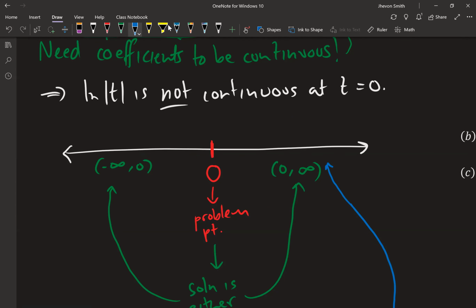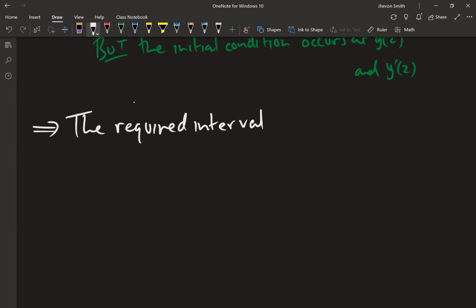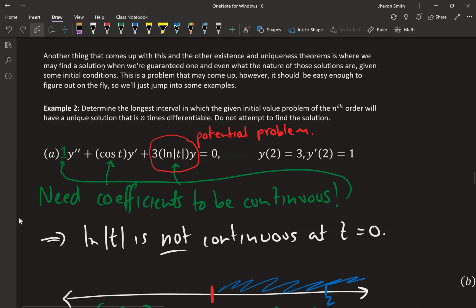Well, there would be a 2 somewhere over here, which tells you this is the interval we want. And so that ends up being the answer. That is an open interval where, for this ODE, we are guaranteed to find a unique solution to this initial value problem.